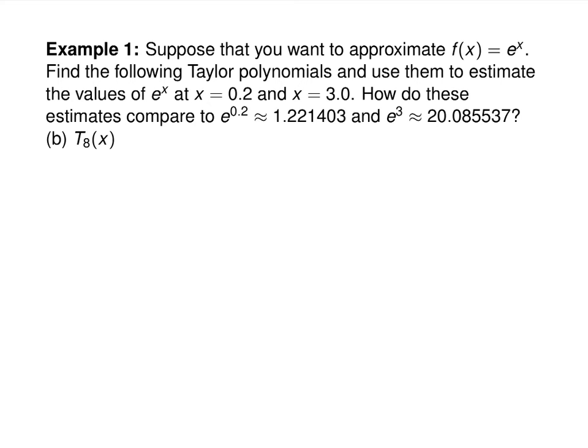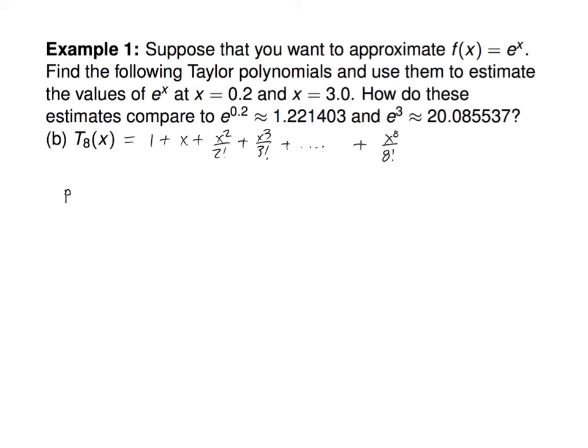All right, what's T8 of x going to be? A lot more stuff. 1 plus x plus x squared over 2 factorial plus x cubed over 3 factorial up to and so on. What's the last thing going to be? X to the 8th over 8 factorial. And if you had infinite patience, I believe you can plug the numbers you need into this function and you'll get this answer.